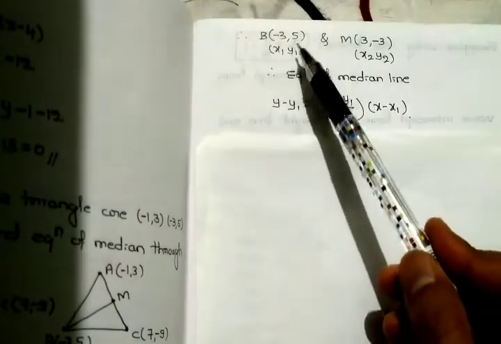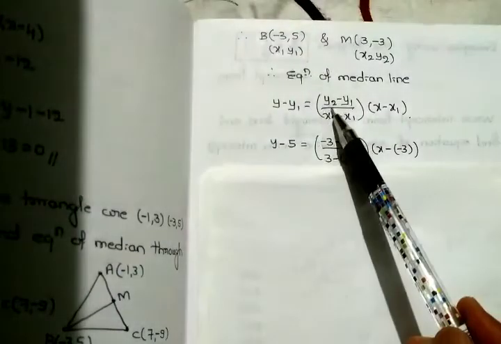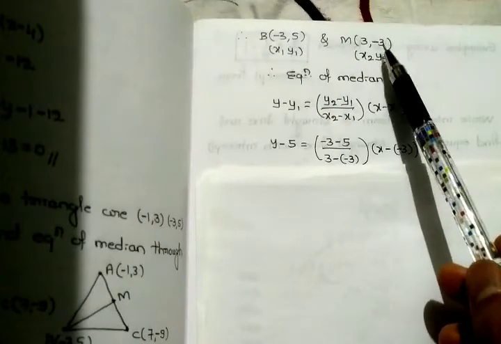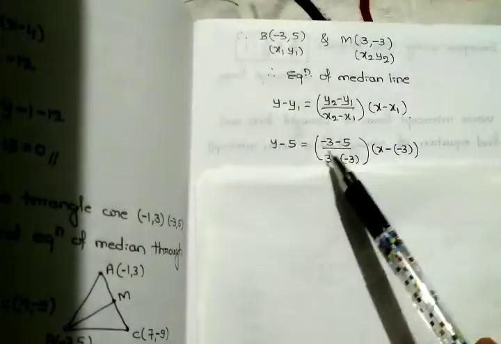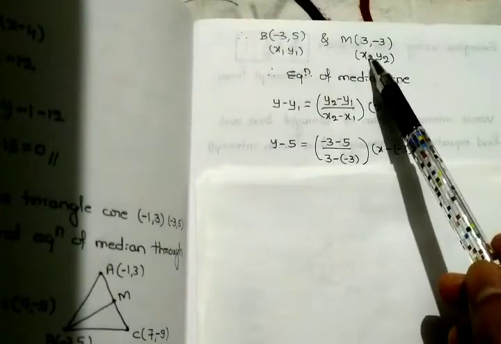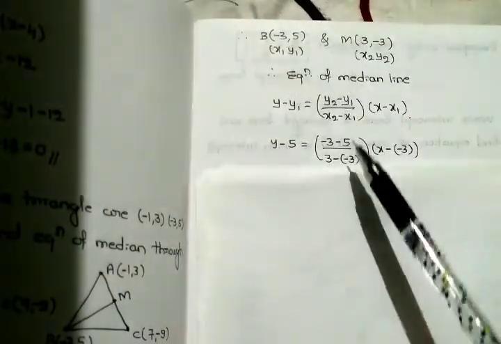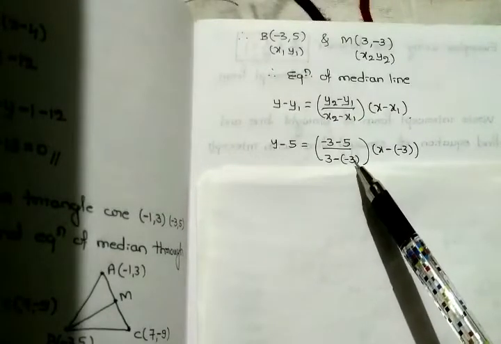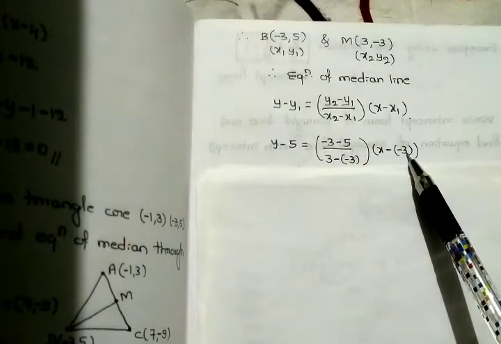Substitute the values. y1 is 5. So here 5. y2 minus 3. So minus 3 minus y1 is again 5 divided by x2, 3, middle negative sign, x1 value is minus 3, keep it in bracket, into bracket x minus x1 value, how much here? Minus 3.